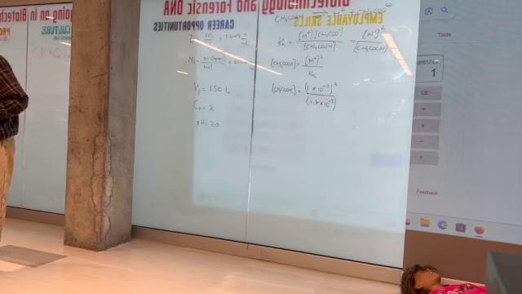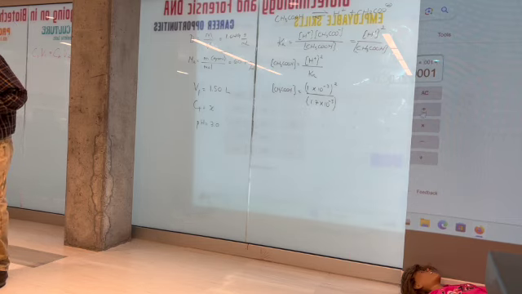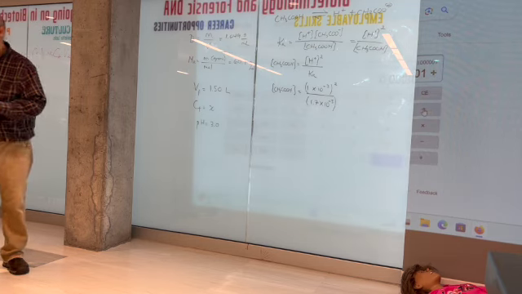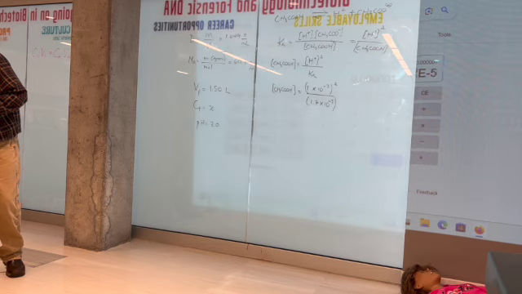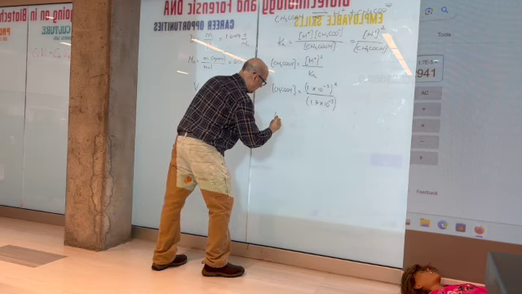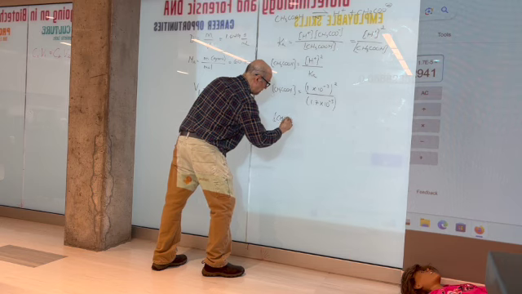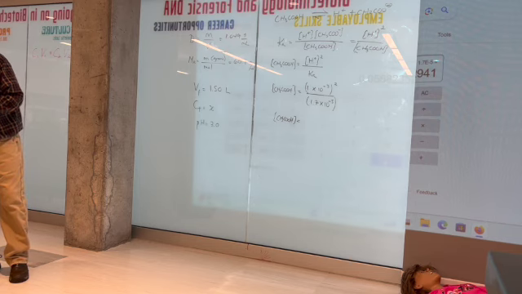1 exponent negative 3 times 0.001 divided by... So I actually come up with a concentration of 0.059.